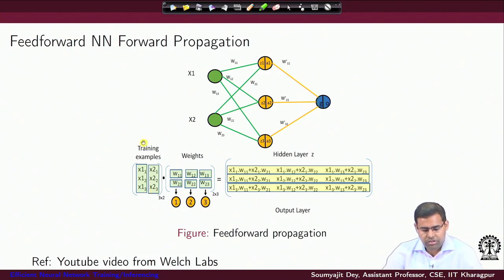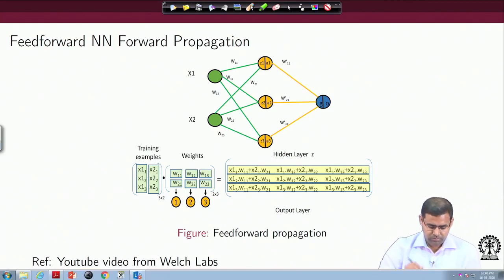Now, these training examples are going to get multiplied by the weights. As you can see, this is the weight collection. Essentially, you have a 3 cross 2 matrix, because you have 6 weight components, but how are they arranged?